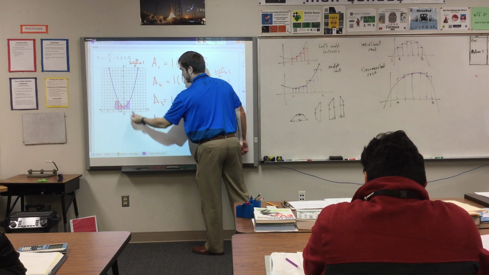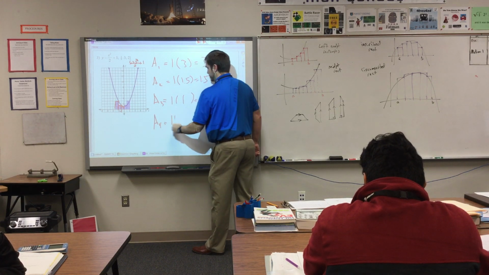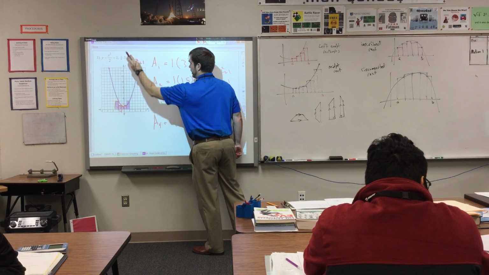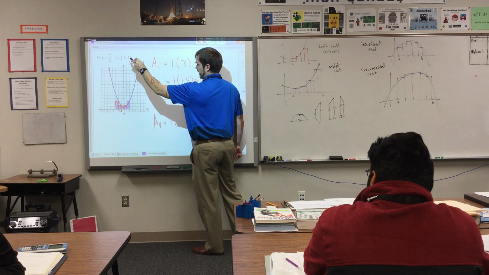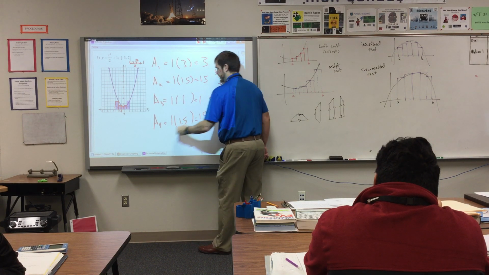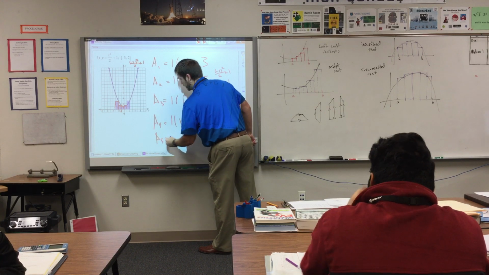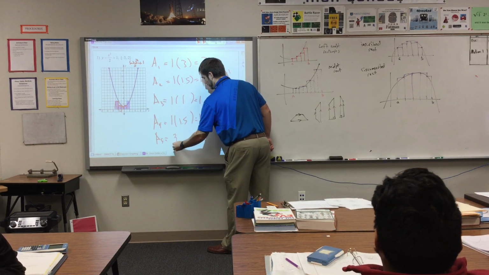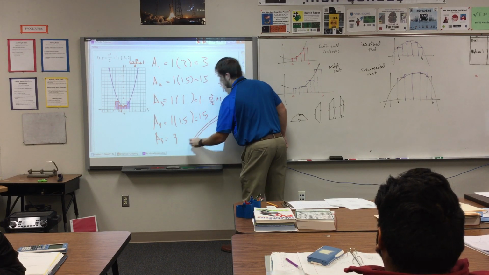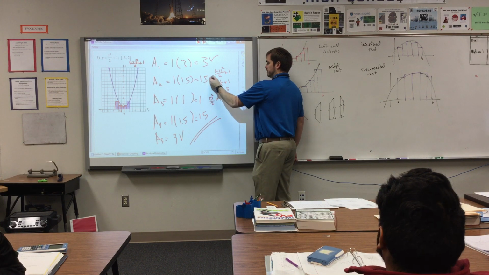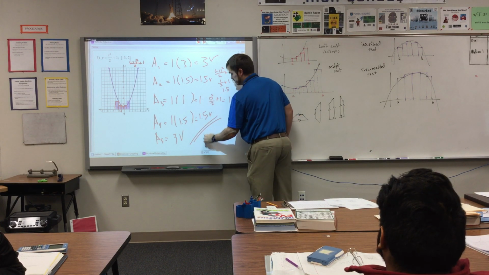And the fourth rectangle is 1 times, if I plug in 1, I get 1/2 plus 1, so 1.5. And the fifth rectangle, there's a certain symmetry going on here, so that's going to be 3. So 3 plus 3 is 6, plus another 3 is 9, plus another 1 is 10.